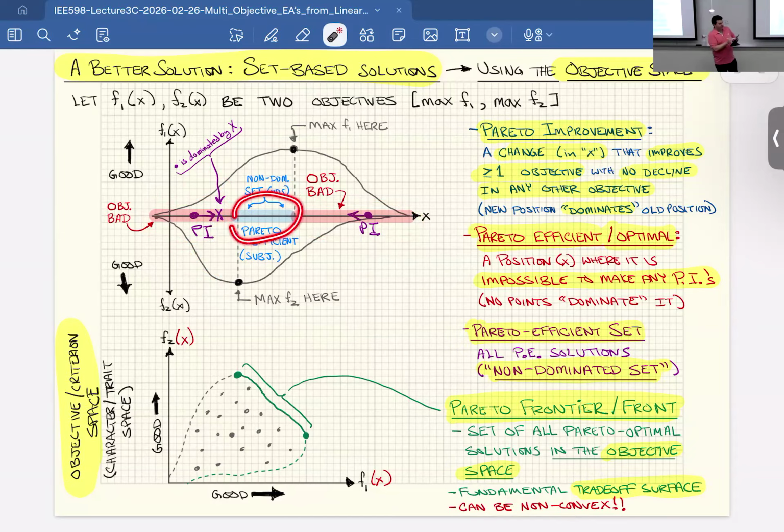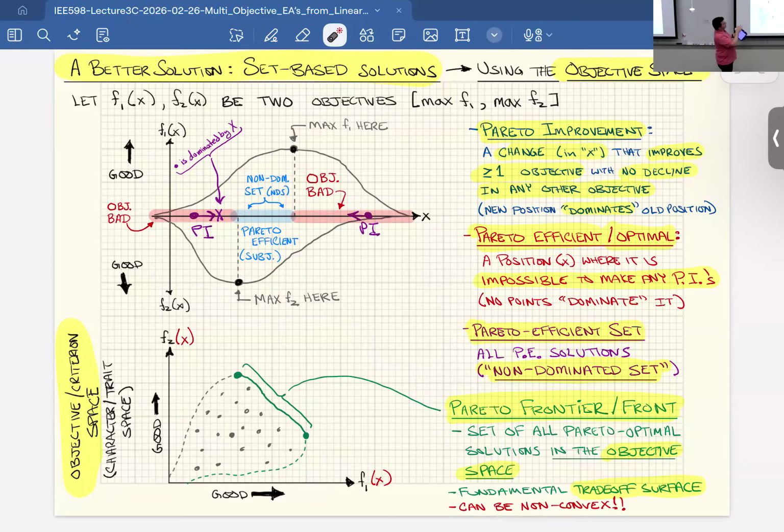The blue ones here in the middle, it's impossible to make a Pareto improvement from them. In order to make an improvement in this objective, you have to go down in this objective. And so we call these ones here the Pareto-efficient set. We might also call them the set of non-dominated solutions. And then, if we give this to our stakeholders, that's when subjectivity can really be invited, that's the best place to put it.